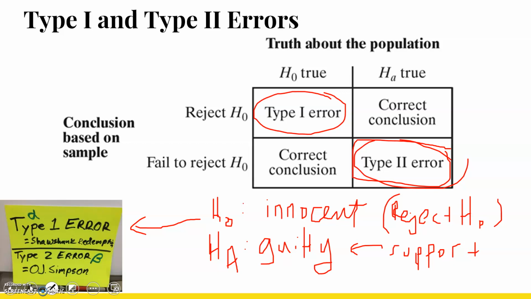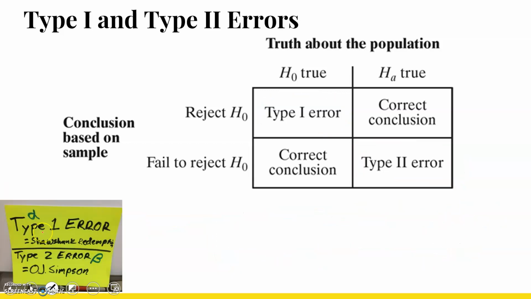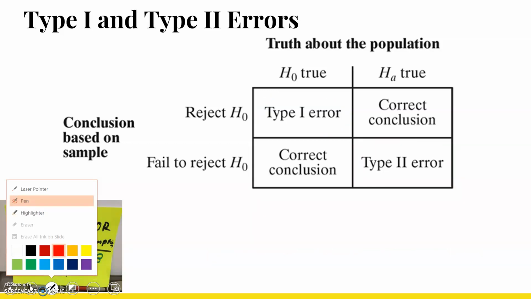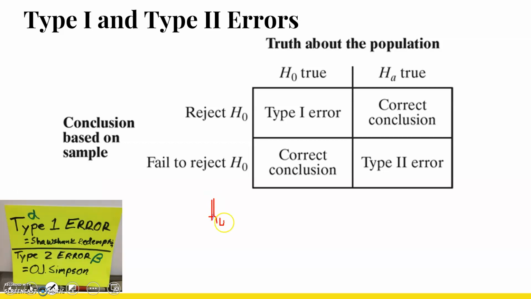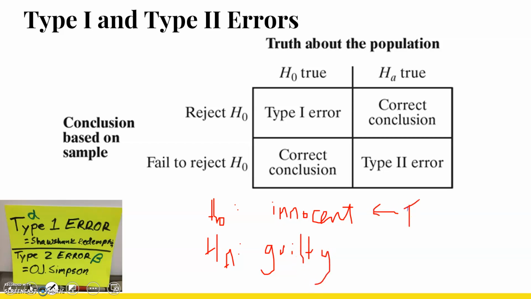On the flip side, I didn't mean to erase all that, but let me write it again. H naught, remember, you're innocent. That's how it works in our criminal justice system. HA is guilty. So on the flip side, for a type 2 error, you will fail to reject someone's innocence.